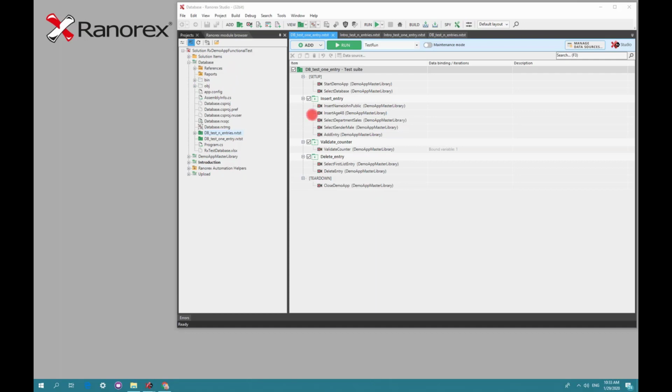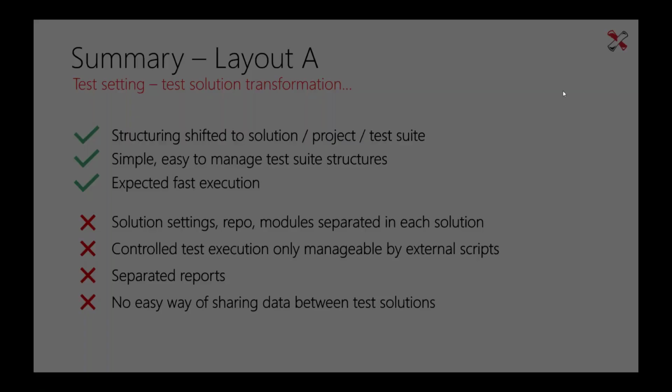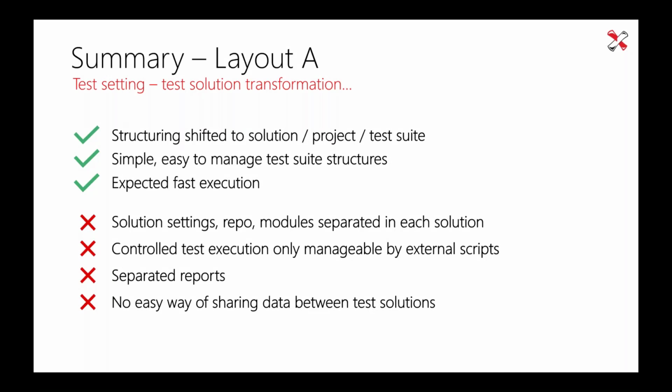So this is the main characteristic of this type of structuring. And when it comes to the summary of this, then I would say one of the pros is that the structuring is shifted onto a solution and project basis, not into the test case structure itself.